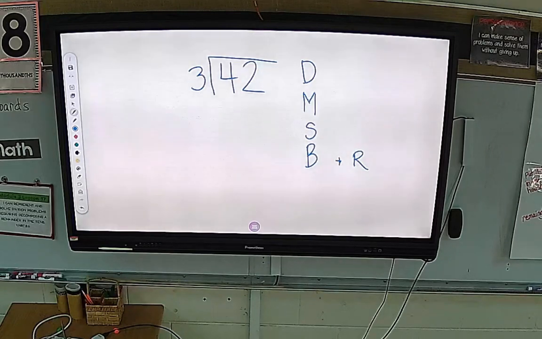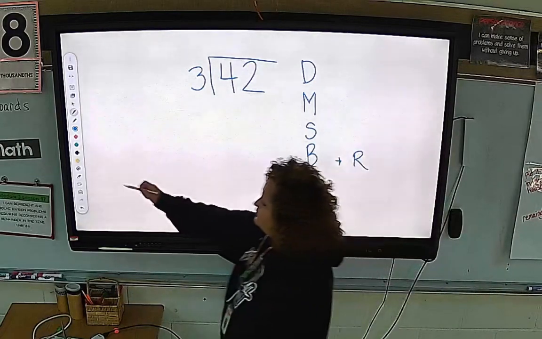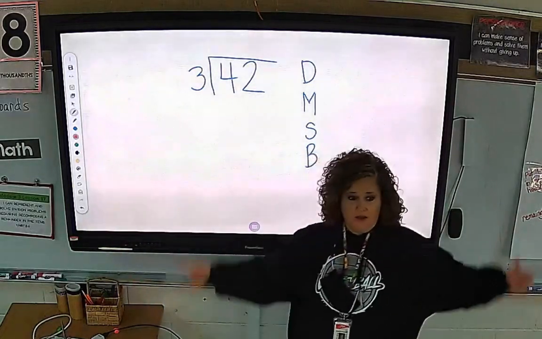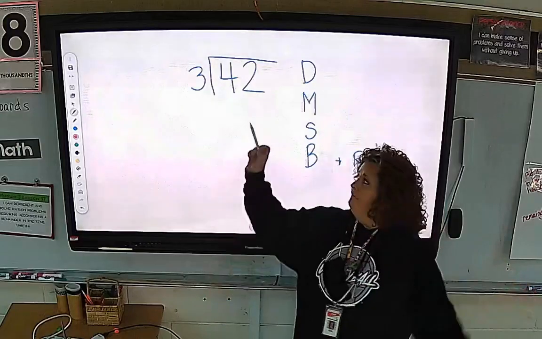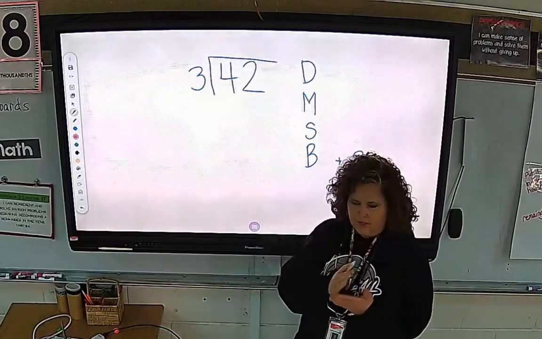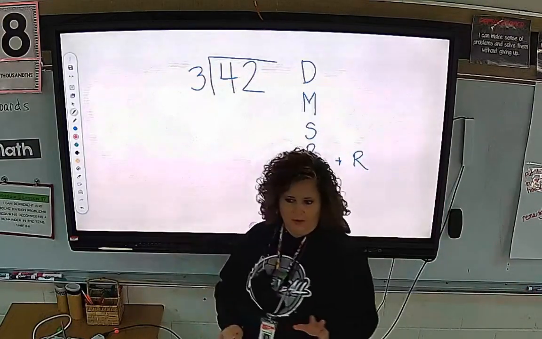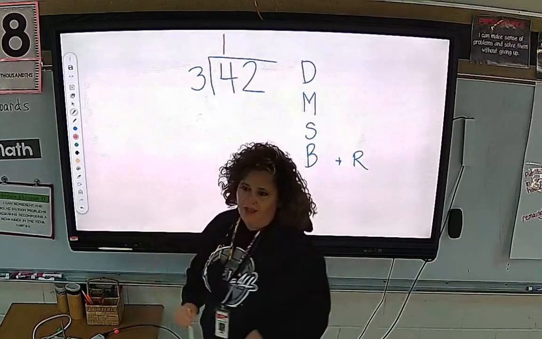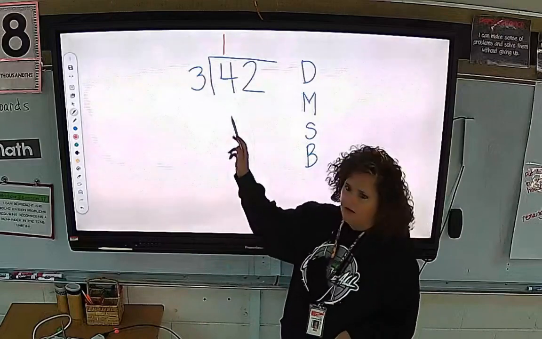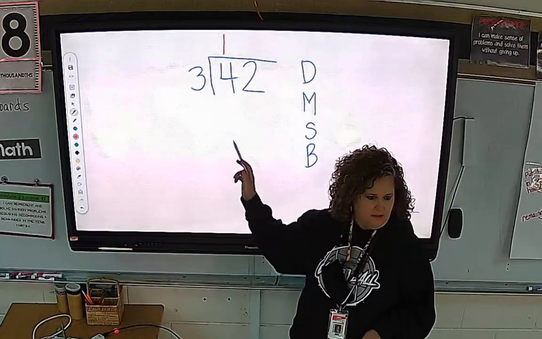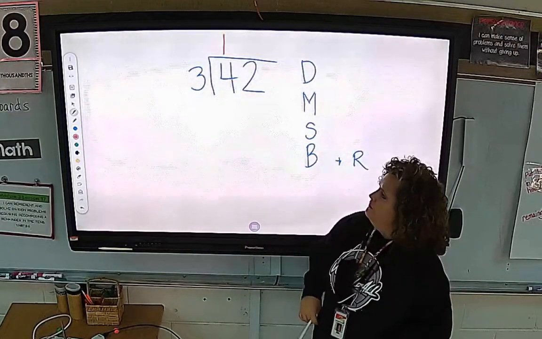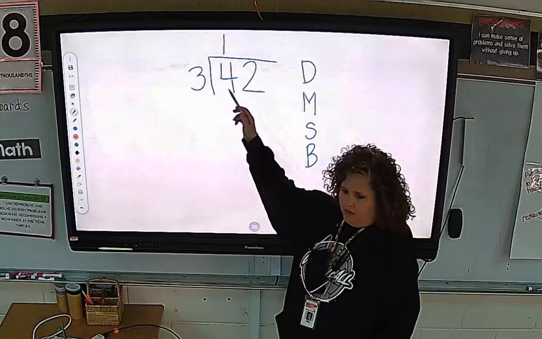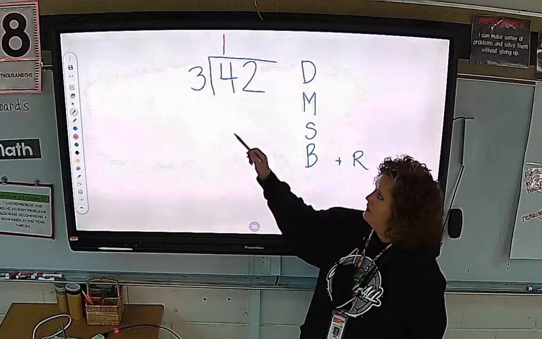So you would ask yourself first, how many 3s can I get out of 4? You're only looking at the 4 at first, and most of you had that part. You know that you're only going to get one group of 3. Now, I had some folks put the 1 here instead, accidentally. But we can get closer to 4 with that 3 than just a 1 there.